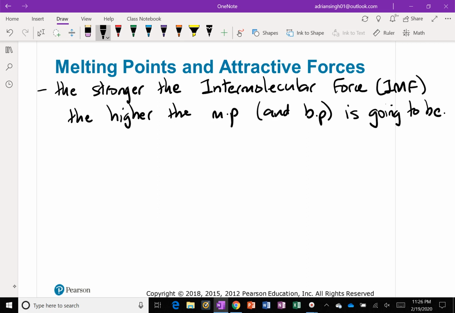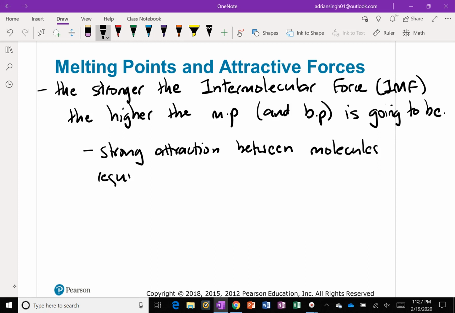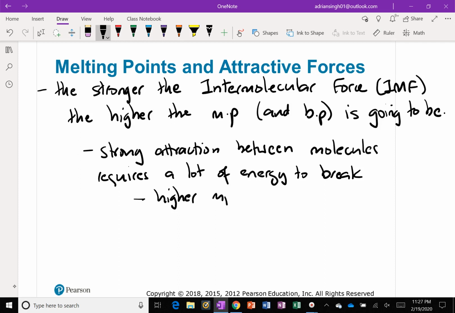So in other words, if you have a really strong attraction between molecules, it takes a lot of energy to break that force of attraction. So strong attraction between molecules requires a lot of energy to break, which corresponds to a higher melting point and also boiling point.